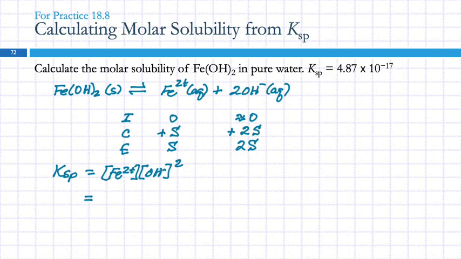So KSP is equal to S times 2S, the quantity squared, which is equal to what? 4S cubed. So KSP equals 4S cubed.